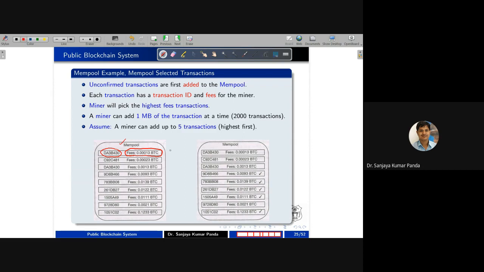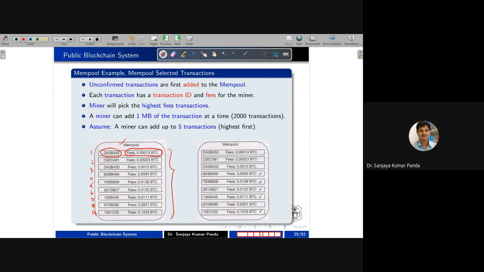For example, if I ask you to look into these 9 transactions, 1, 2, 3, 4, 5, 6, 7, 8, 9, can anybody tell which transaction is giving the highest fee? Can you identify which transaction has the highest fee? Anyone from the audience? Look at these 9 transactions.